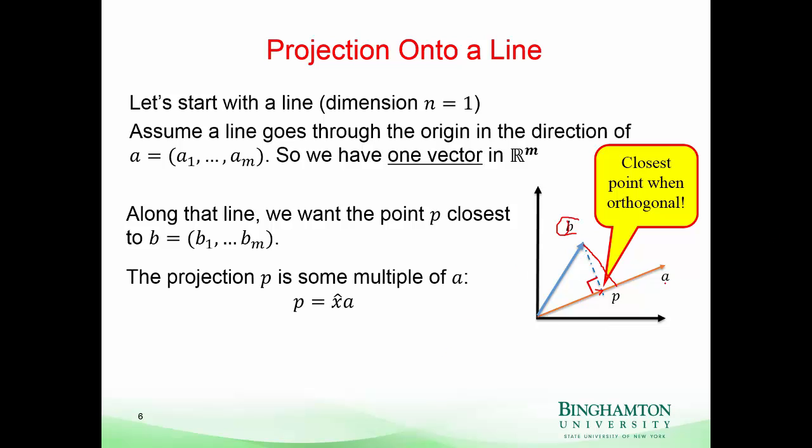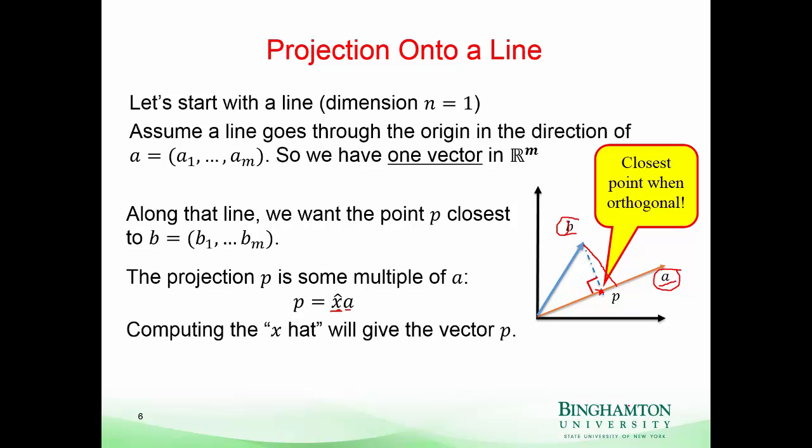So since this vector A spans everything on that line, P is just going to be some multiple of A. So we hypothesize some number x hat. Our job is, given B and given A, to figure out the number x hat that I have to multiply A by to get this point here.